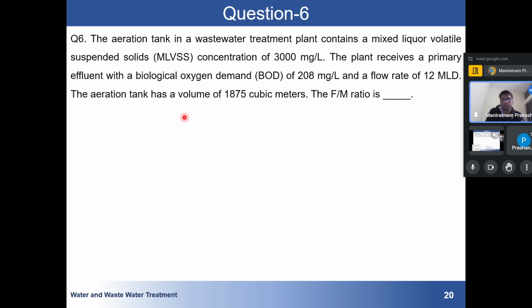So, coming to the sixth question, which is also related to this activated sludge process. These are formula-based questions. Every formula is derived.